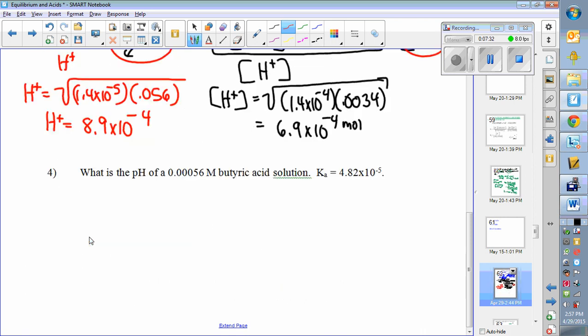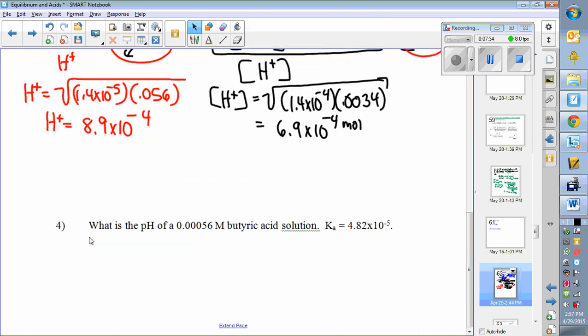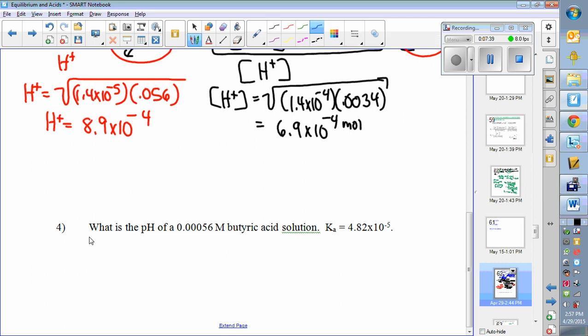Those two concentrations of hydrogen ion, that's how many H pluses are being contributed by each acid. So the total would be what you get when you add them up. Okay, so you get 15.8, so 1.58 times 10 to the negative 3. When you add those two numbers, I believe, that's your new total H plus.